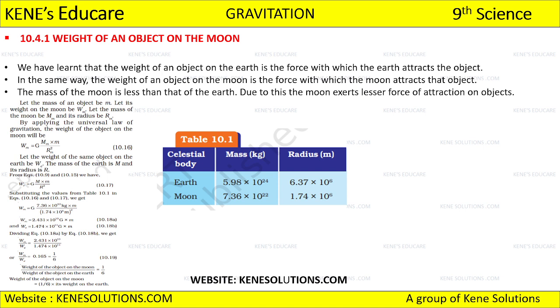Then we discussed what the weight of an object on the moon will be, right? And we discussed it through this table that has been given, where we have the mass and the radius of the earth and the moon, right? So please go through the derivation part properly, everyone.